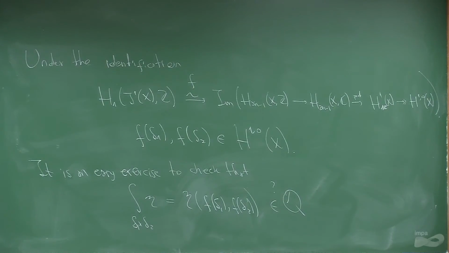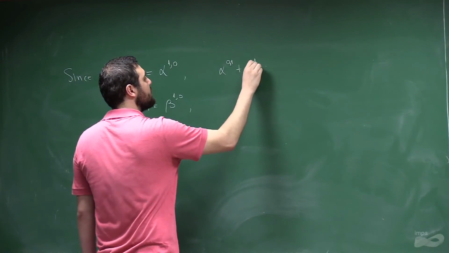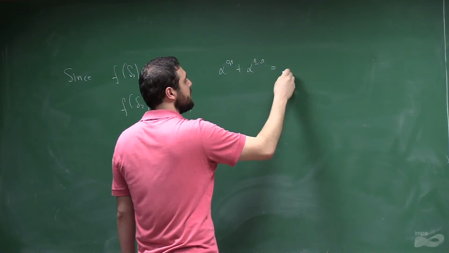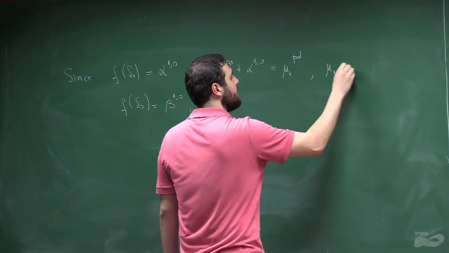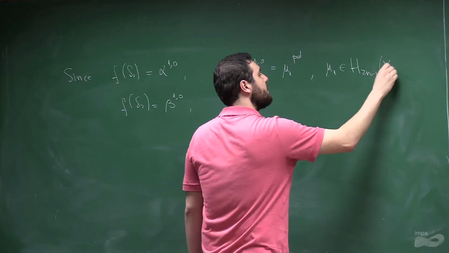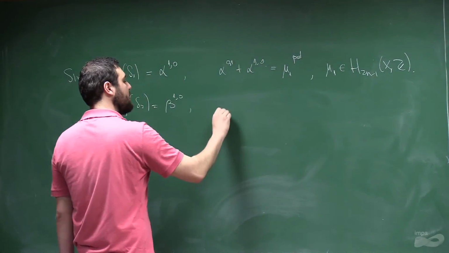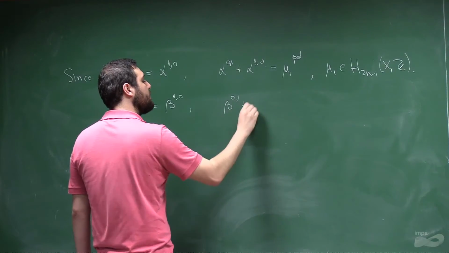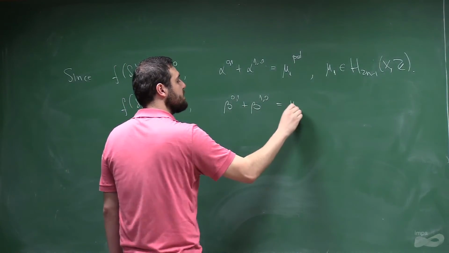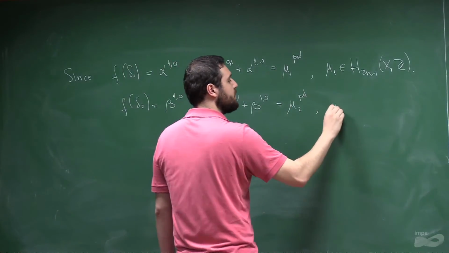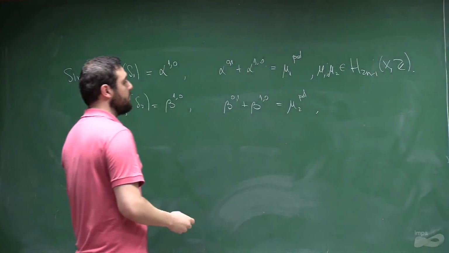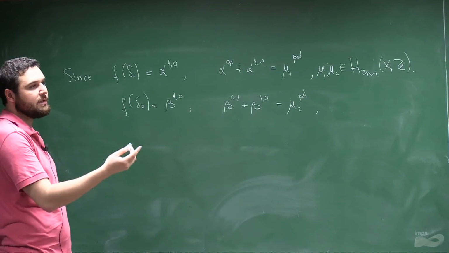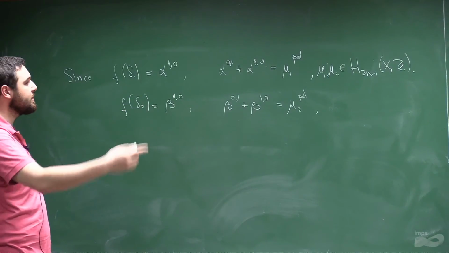So there exists alpha 1,0 plus alpha 0,1 equal to some mu 1 PD, for some mu 1 in H2n minus 1 of x with integer coefficients, right? And the same thing happens for beta 1,0: some mu 2 PD for some mu 2 here also. This is the definition of being in the image of that map, right?